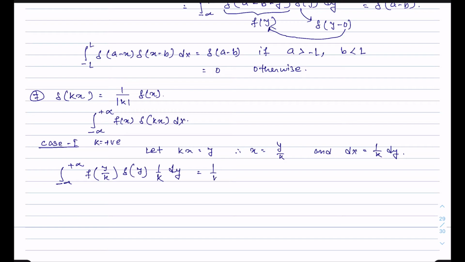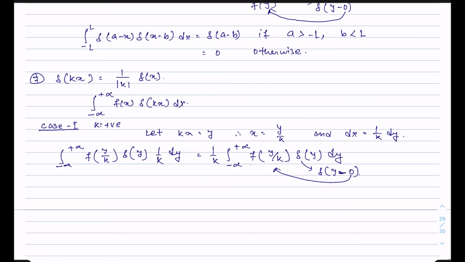So this is equal to 1 over k integration from minus infinity to plus infinity f of y by k delta y dy. Again, this delta function is defined at y equals 0, and this is a function of y. So again, using the previous property of the delta function, you put this 0 in place of y, and you will get 1 over k f of 0.